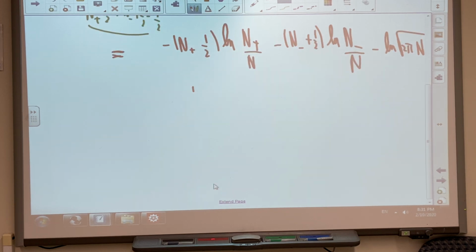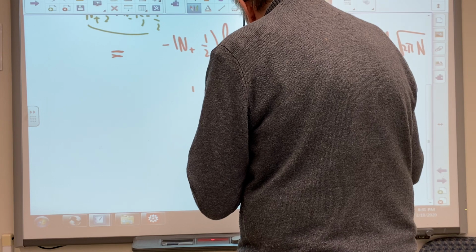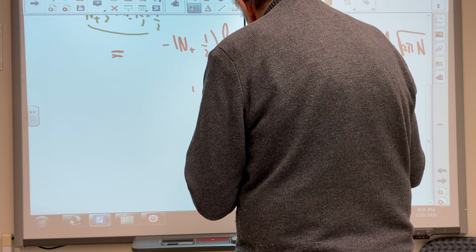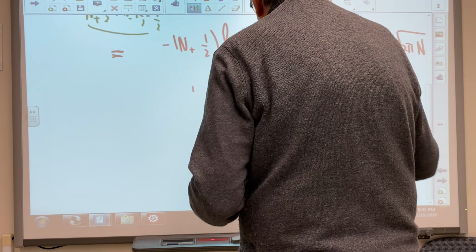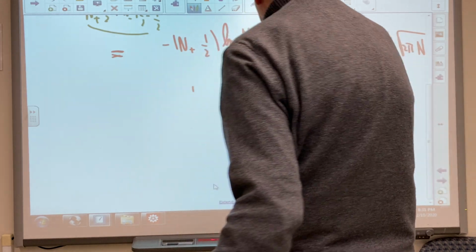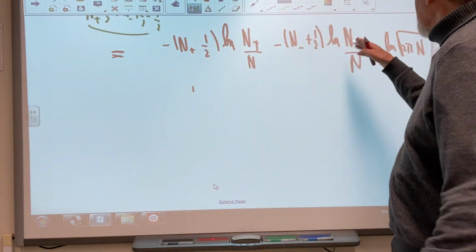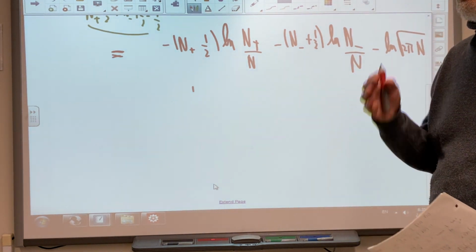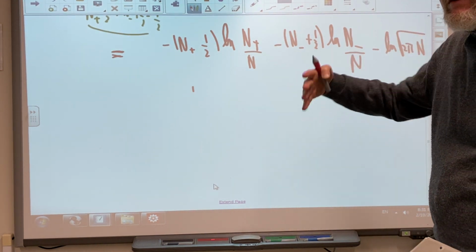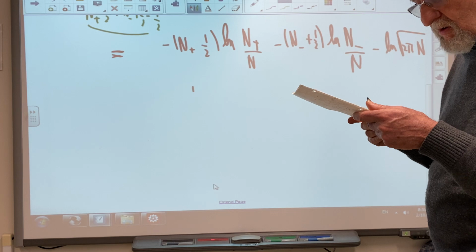Good. So, in this expression, which is exact, now I am ready to replace things by s. I can introduce the variable s. So n plus, I will replace it by n over 2 plus s, and n minus by n over 2 minus s. So I'm getting ready to do an expansion.